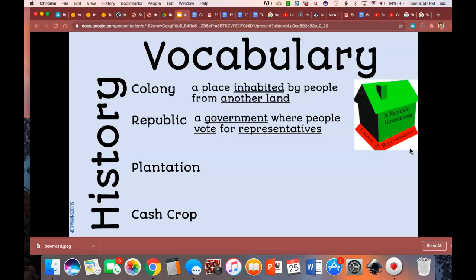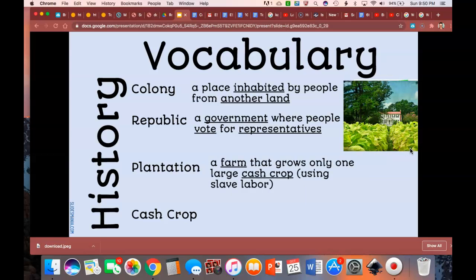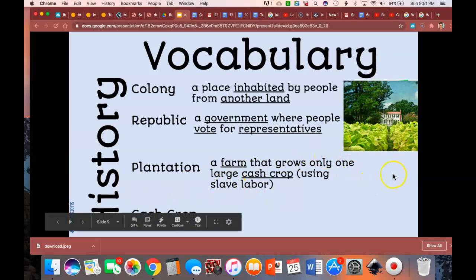Republic, a government where people vote for representatives. Plantation, a farm that grows only one large cash crop using slave labor. Plantation is normally a large cash crop, and again you'll hear that when we move into other cultures and other continents as well.